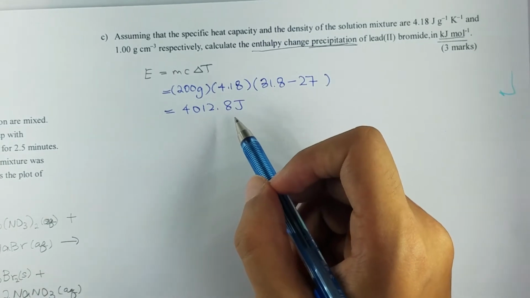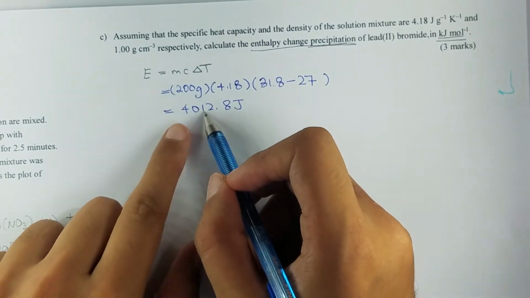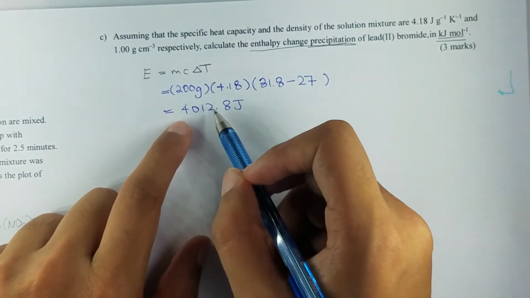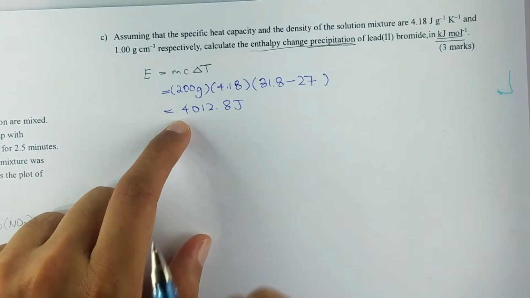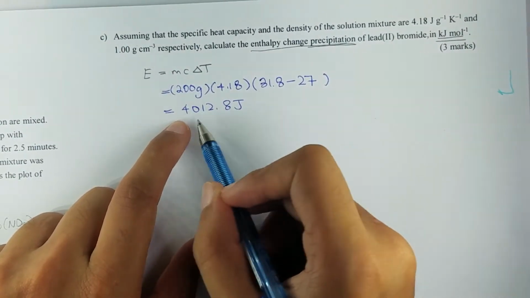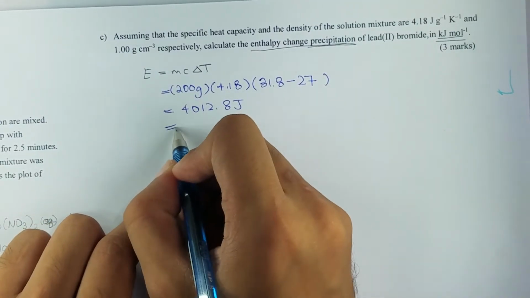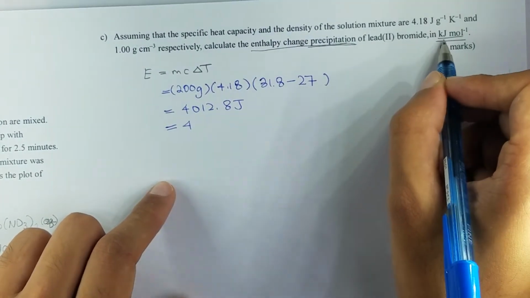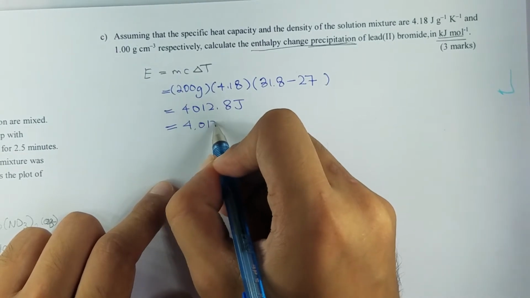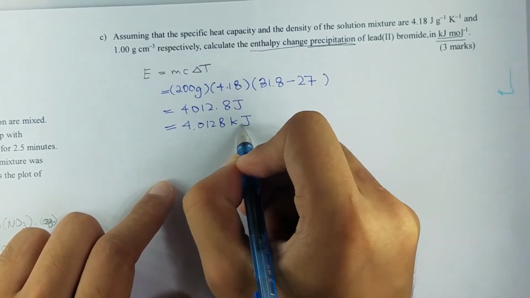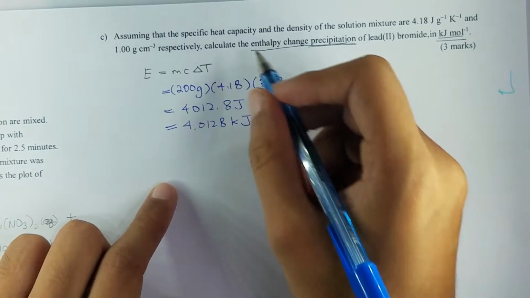Now in the textbook, what they like to do is round off to 3 significant figures right here. As I said, you want to maintain accuracy, so you don't want to round off at this stage. So convert it into kJ by dividing by 1000, so we get this. Alright, we're done with the energy.